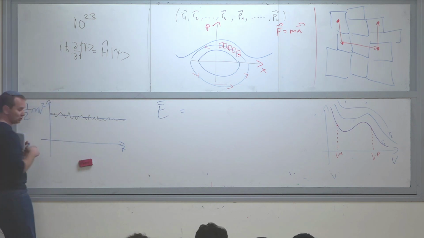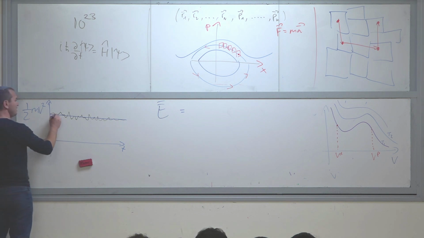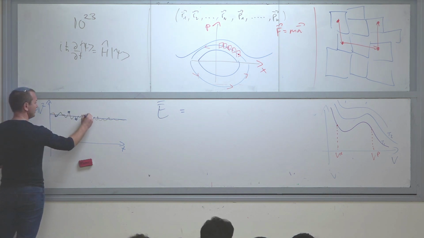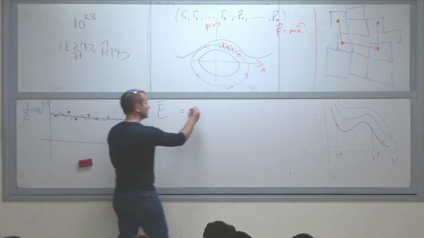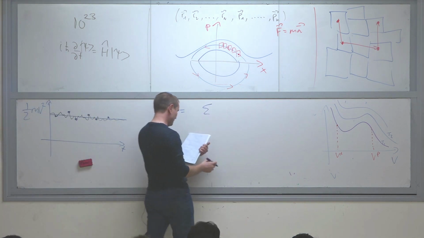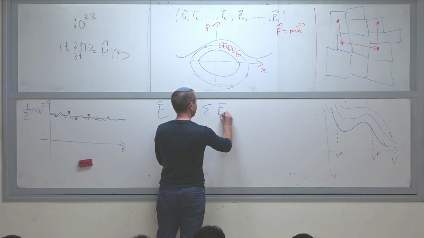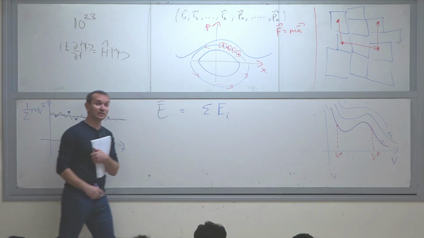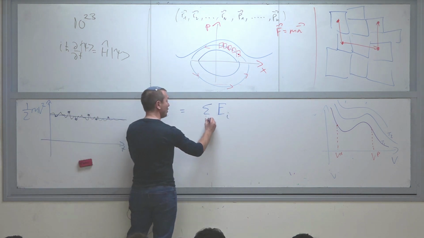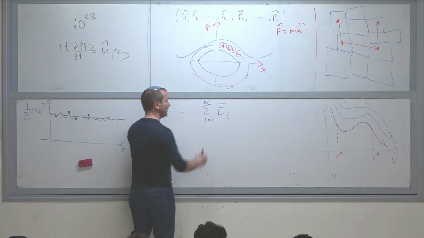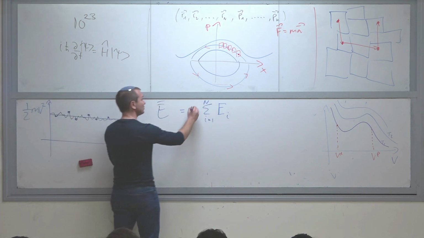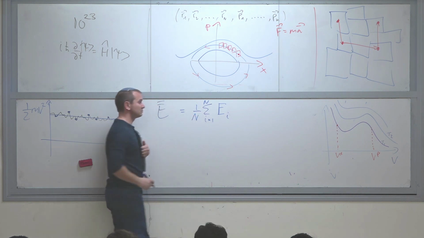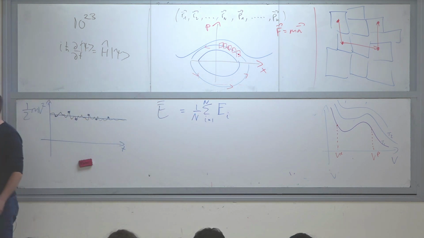I measured the position of the particle of this system here, and here, and here, and here, etc. So what is the average energy? It's the sum of all the different times the energy that I measured. i goes from 1 to n, and I divide it by the total number of measurements. So this is what an experimentalist will perform.